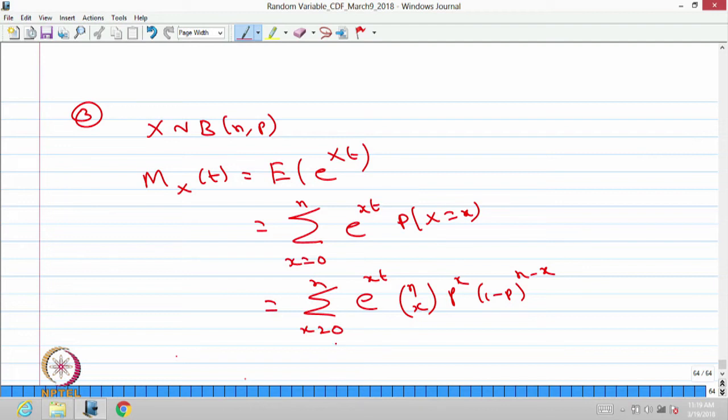Therefore, this is nothing but the summation x equal to 0 to n, nCx, e power t times p whole power x, and 1 minus p power n minus x.